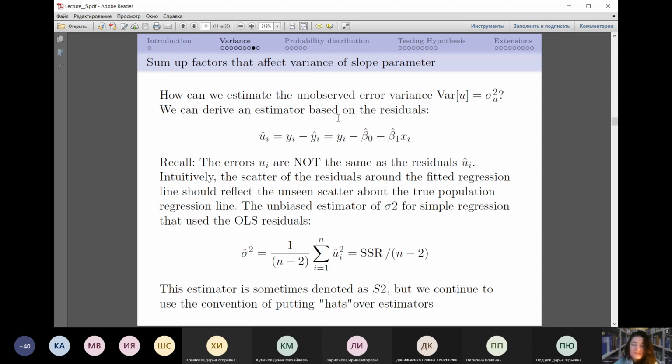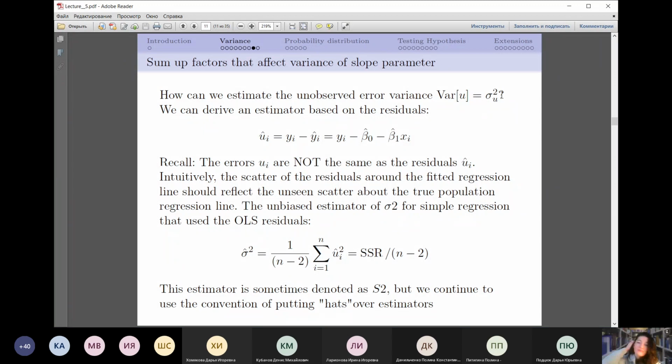Okay. Let's first of all, okay, in this case, I remind you that if we don't know the value of the true error variance, of course, in some extremely rare case, we know the variance of the error term when we work with the population, yeah?